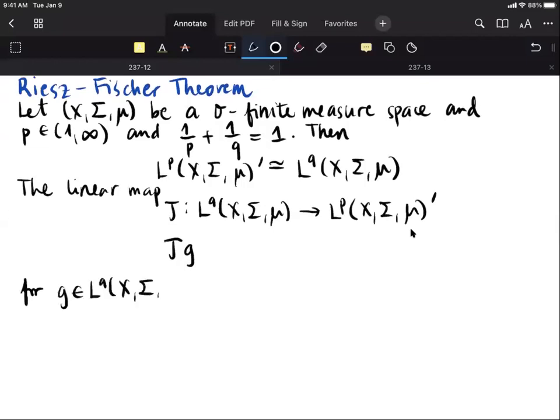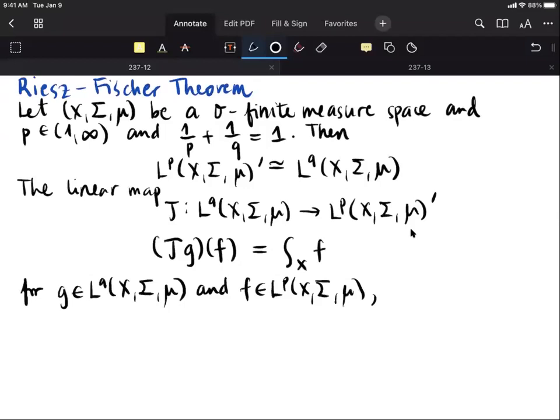This should give me a bounded linear operator on LP. So F here is in LP, and the action of G evaluated at F is the integral of the product.